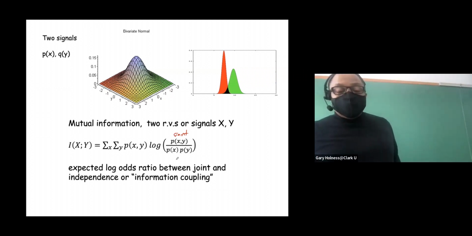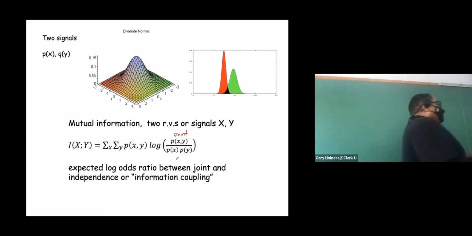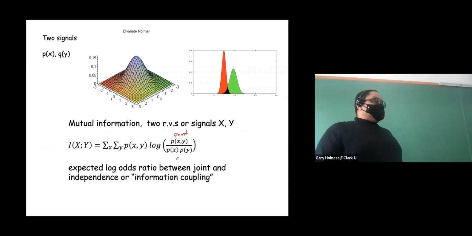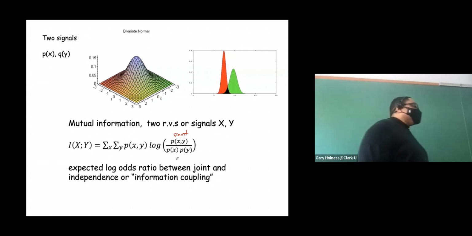And so in essence, what this is doing, it's saying, take the log odds ratio between two assumptions. In the numerator, that assumption says that they're jointly coupled, right? They have a covariance that's not zero. And in the denominator, that says relative to treating them as if they were perfectly independent.